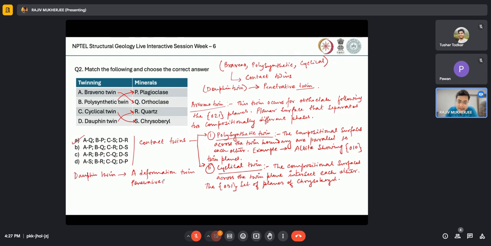So these twins can even occur for undeformed crystals as well. But Dauphin twin is a signature of the variation in pressure and temperature experienced by quartz, and therefore Dauphin twin is a penetrative twin because the contact twins are not penetrative, right? But Dauphin twin is penetrative, and this kind of twin is also called transformation twin.